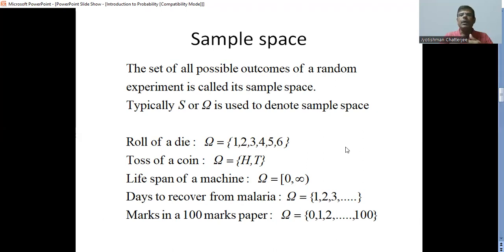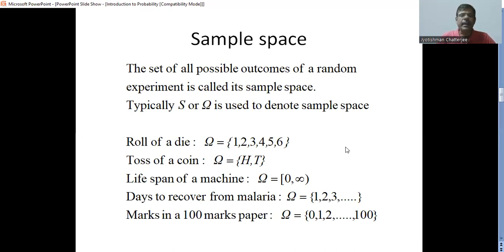Of course, you will have to include all these things in the same unit, say either hours or seconds or minutes. But once you decide the unit, then it can be any number starting from 0 up to infinity. So that's why the lifespan of a machine has a sample space equal to the interval 0 to infinity, with 0 included.